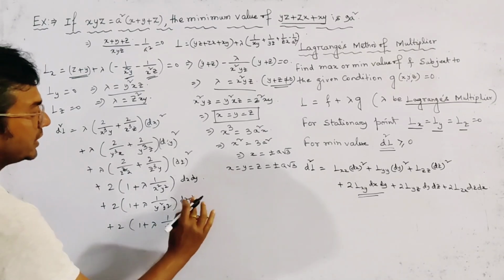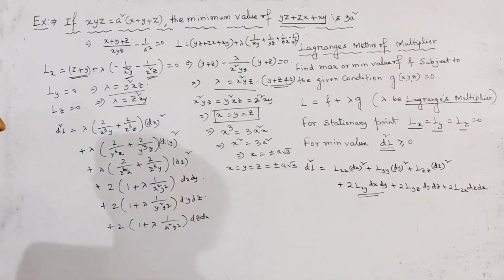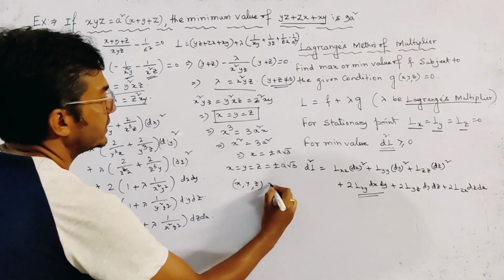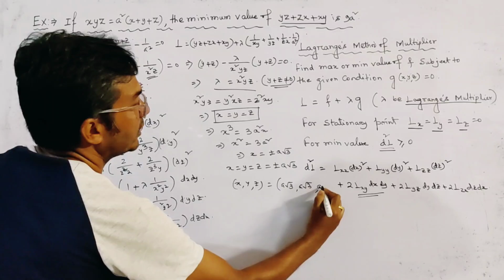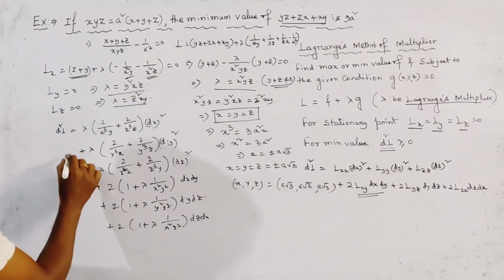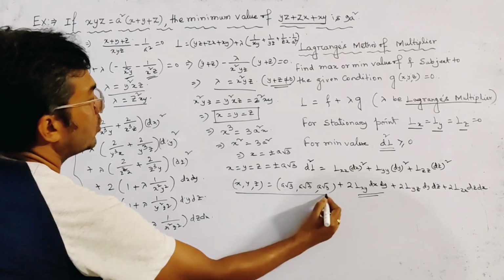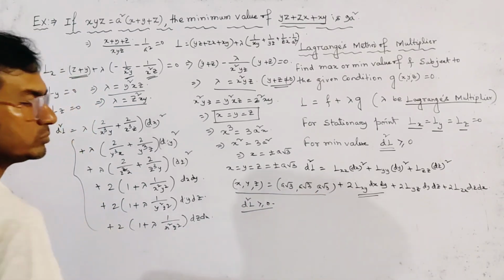Clearly, if we put x, y, z equal to a root 3, a root 3, a root 3, we get d2L greater than or equal to 0.